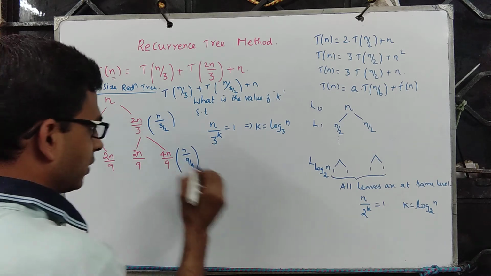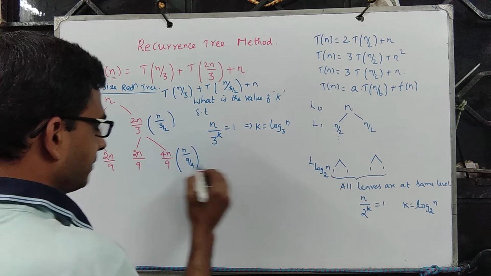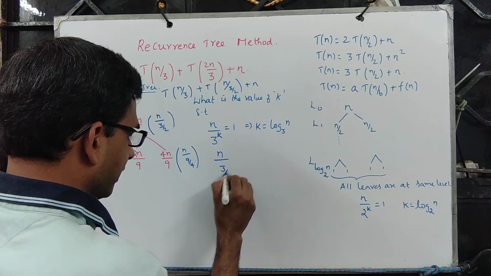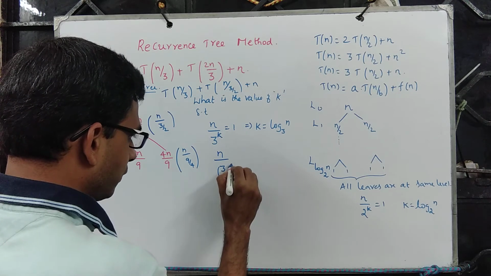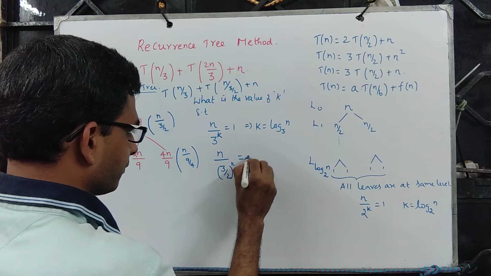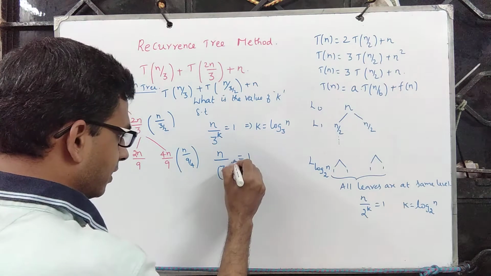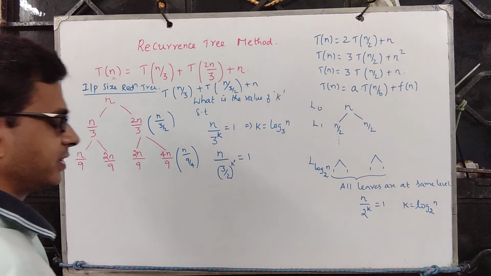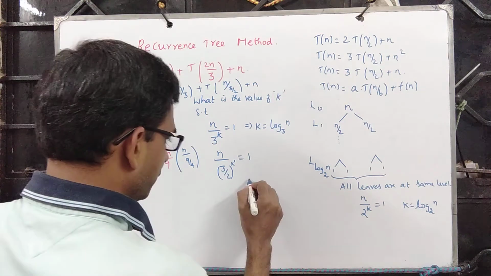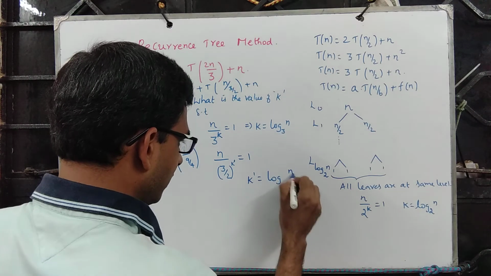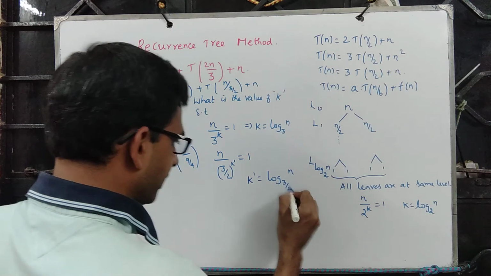So one can also ask, this keeps reducing. What is the value of k such that n by 3 by 2 to the power k equals 1? Let me write a different notation, k prime such that this equals 1. You see that the value of k prime is log n base 3 by 2.